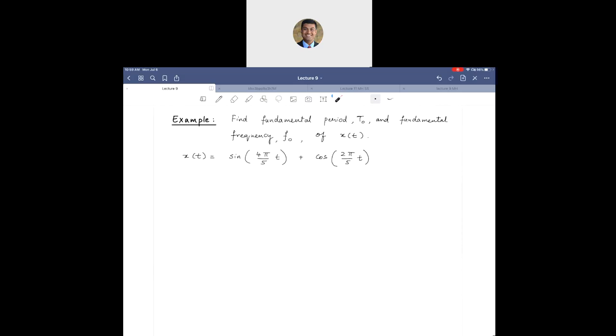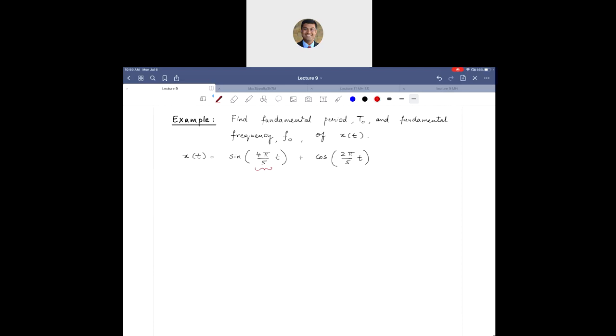Now let's do a quick example just to get a better sense of things. We have two periodic signals here. Clearly they are periodic because one is a sine, the other is a cosine, and they have different time periods. Our first goal is to find their individual time periods and fundamental frequencies, but it is easier to find the fundamental radian frequency first.